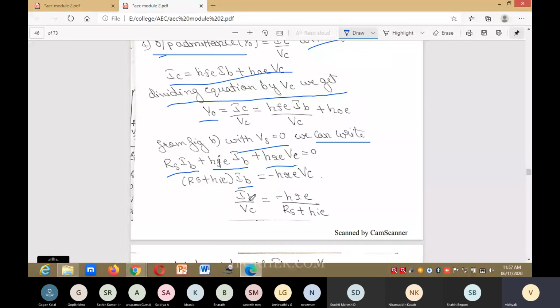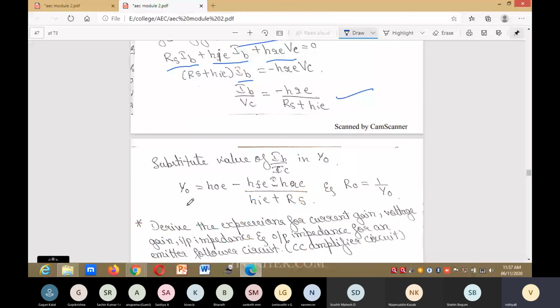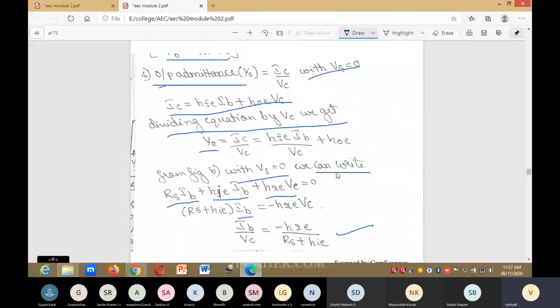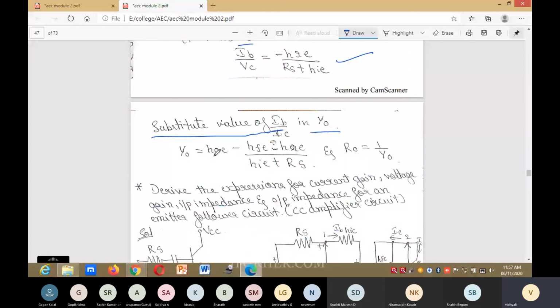So IB divided by VC is minus HRE divided by Rs plus HIE. Now substituting the value of IB divided by VC in Yo, we get HOE minus HFE into HRE divided by HIE plus RS. This is the value of output admittance.